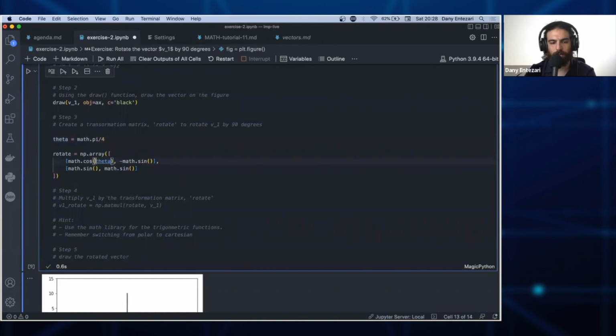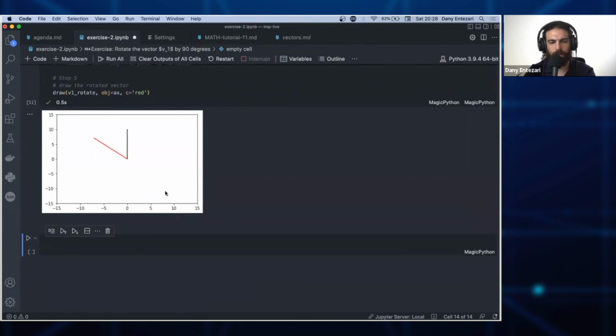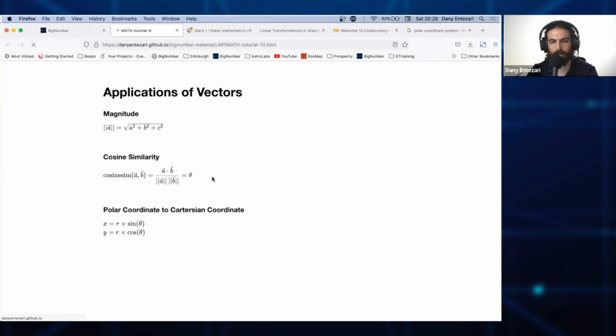Theta, theta, theta, theta. There's my rotation matrix. Let me activate this code. Multiply my rotation against my original vector. And then if I want to draw my vector, I'm just going to go draw v1 sub rotate obj ax, and the color, let's make it red. And I want to use this implementation, this one.